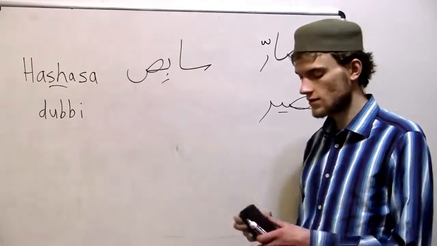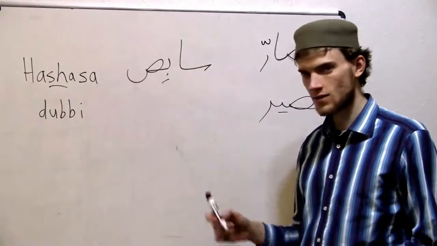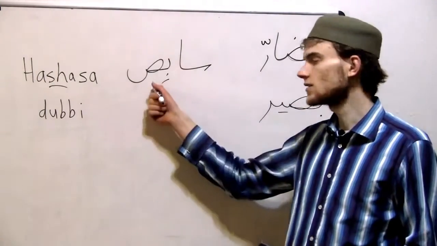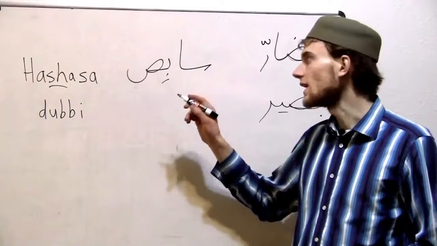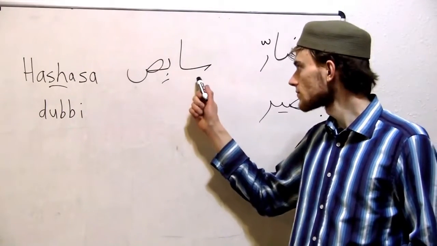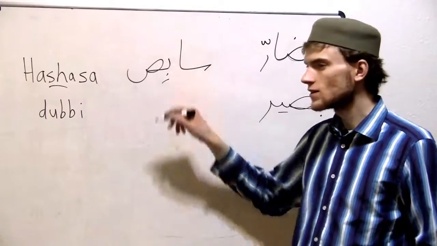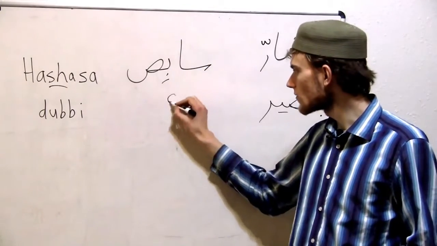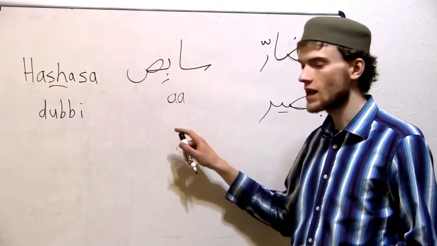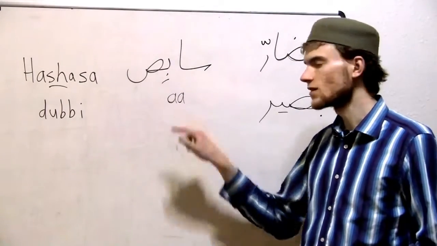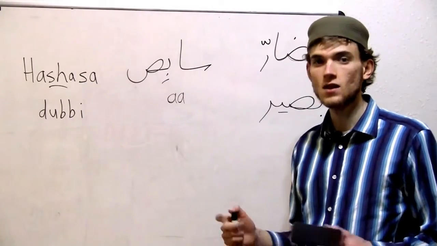Alif, and then ba, and what's on the ba? Kasra, and then Sad. Right. So when we think about this alif, we know that if we were to write it out in English transcription, it would be two A's to show that it's a long vowel.